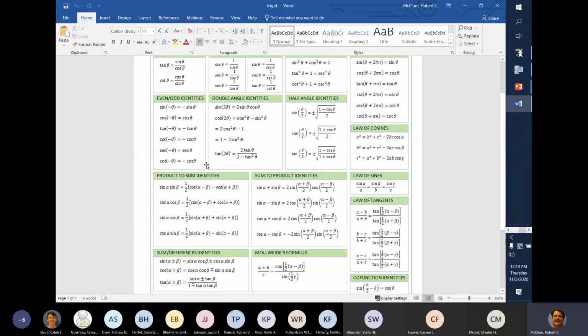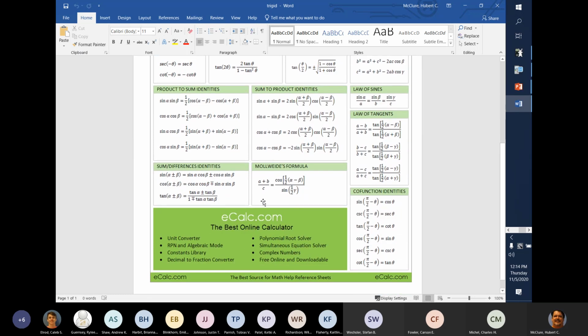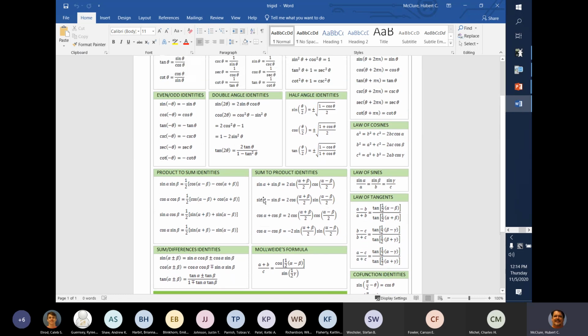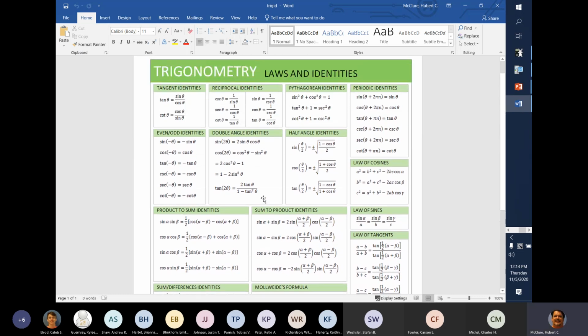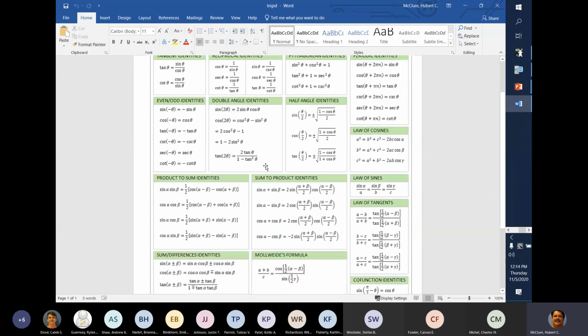Let's see, the sine, hold on. Wait a minute. Why don't they have the half numbers on here? Oh, shoot. I thought they had everything on there.